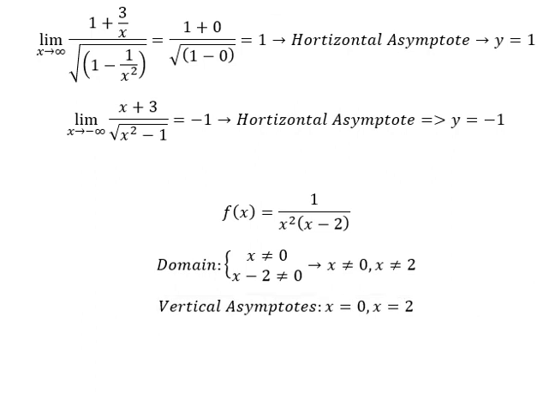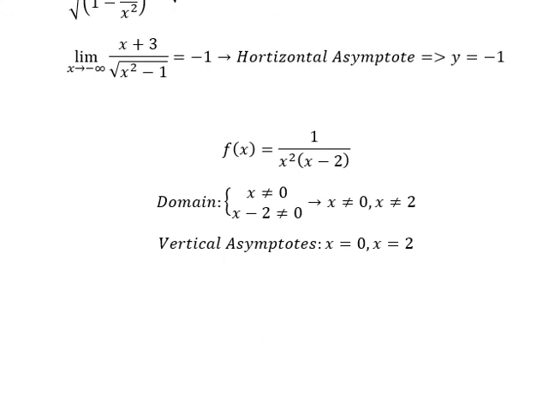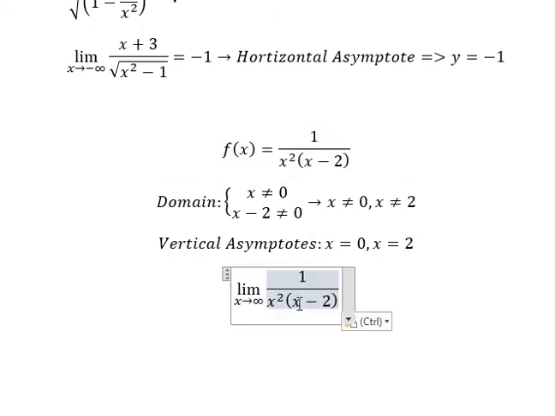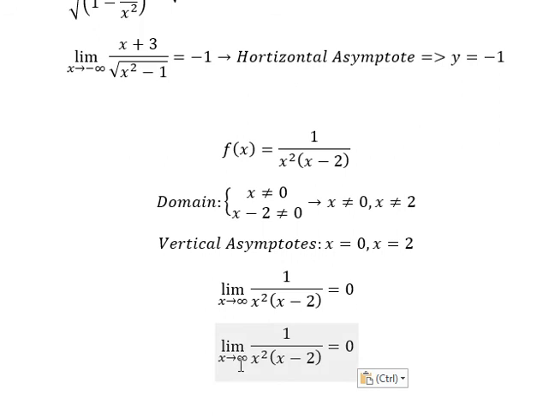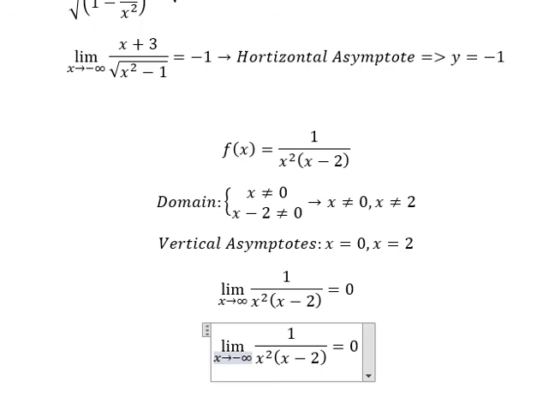Now we need to find the limit. When x approaches positive infinity, this one goes to positive infinity, and this one goes to positive infinity. 1 divided by positive infinity, you get 0. Similarly for negative infinity, it still goes to 0.